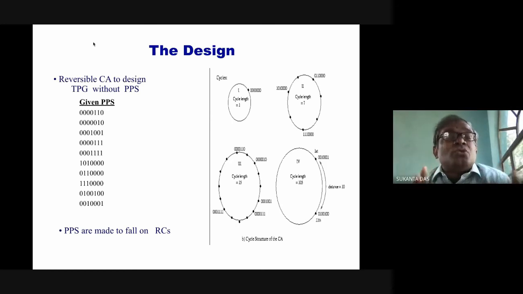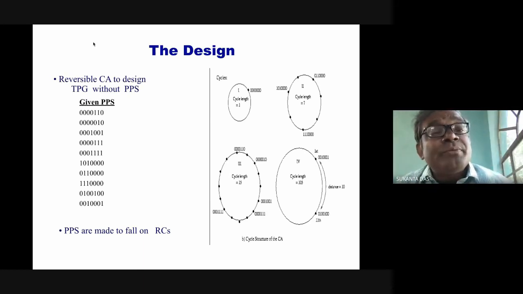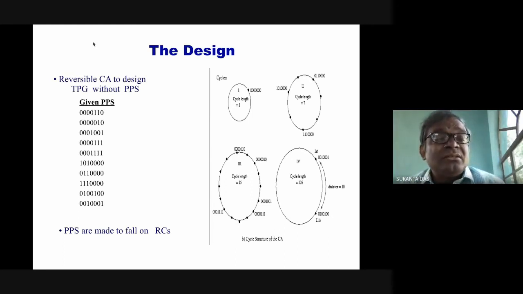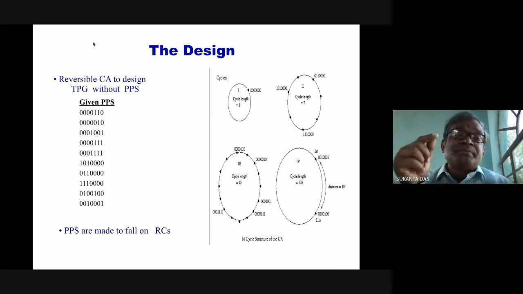Suppose we consider a good scenario, where all the patterns are accommodated in the smaller cycles. Then what can you do? You can pick any configuration from the cycle, start your CA from that configuration, and generate the patterns.